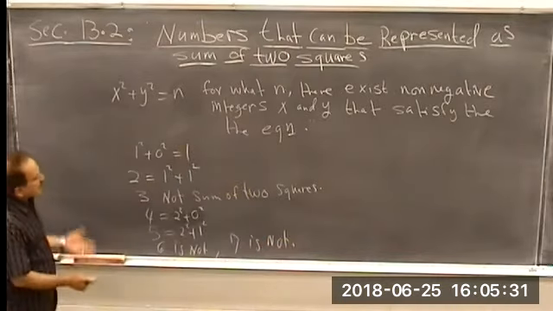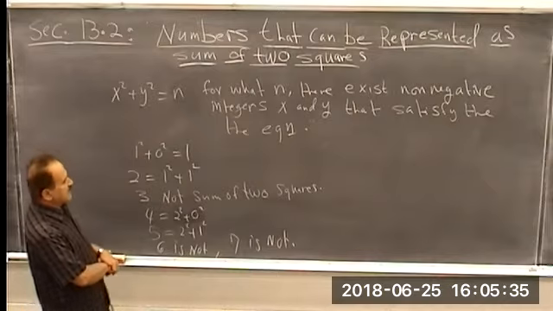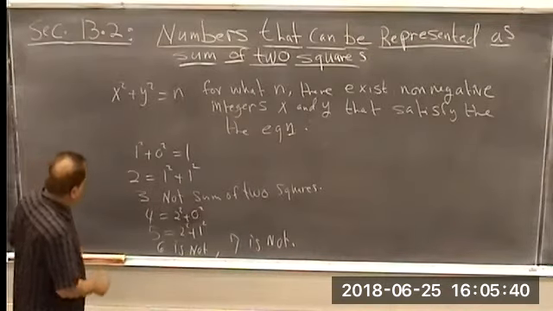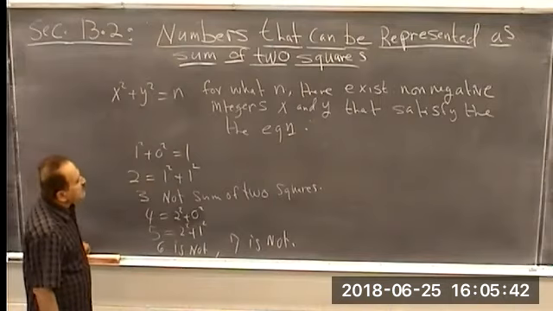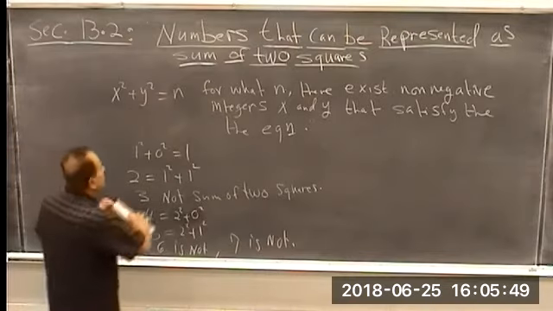So clearly, this means that not all integers can be written as the sum of two squares. Now the question, and this is the main objective, is which ones can be expressed as the sum of two squares? Very simple problem.